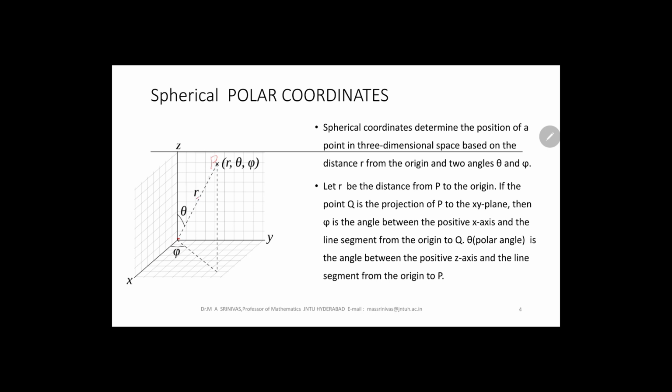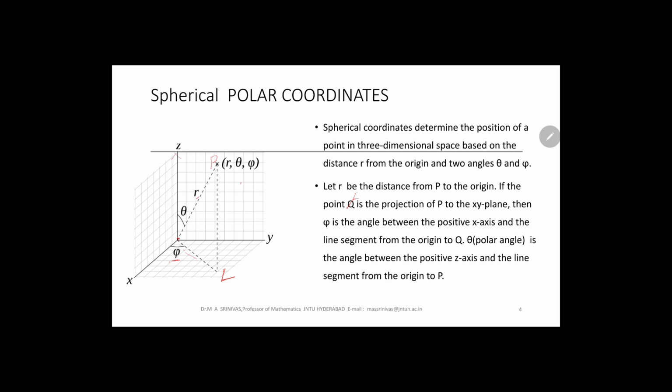Let L be the projection of this point P on the xy plane. Now this radius vector OL makes an angle phi with the x-axis, and this OP makes some angle theta with the z-axis.